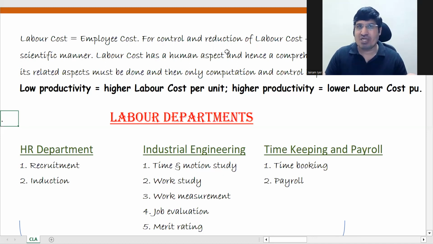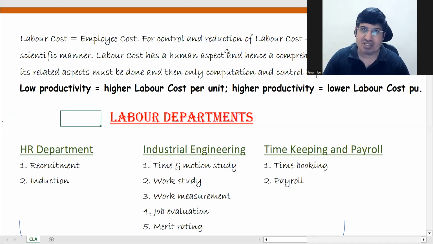All these departments are basically working towards a lower labor cost. Which are the departments? Normally an organized undertaking. Which are those labor departments? Which are working towards getting a lower labor cost in organizing labor in all.